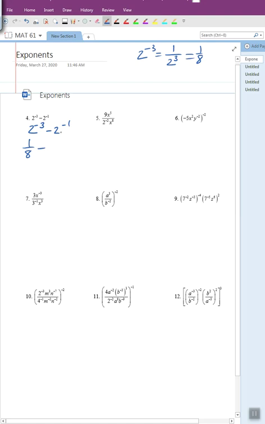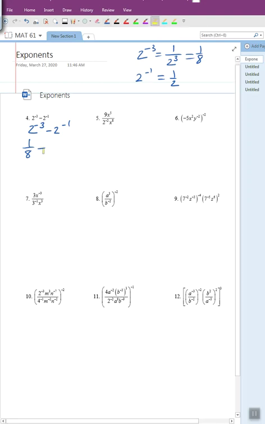What's this other one? What's that 2 to the negative 1? Okay, now, just to make sure everybody sees this, Kara just wrote negative 1 half.